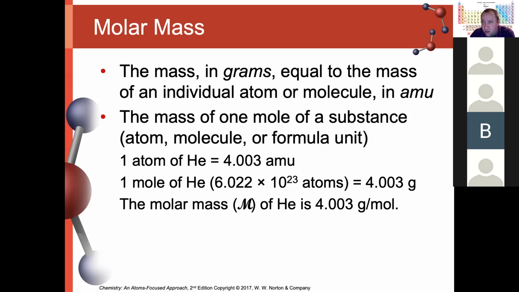The definition of Avogadro's number, the definition of an AMU, basically caused the Avogadro's number and the AMU conversion to grams to cancel out. So the number of AMUs that an individual atom has is the same as the number of grams a mole has. So the way that we calculated molecular masses or atomic masses or formula masses is the same. The only difference is instead of talking about things in AMUs, we're going to talk about them now in grams.